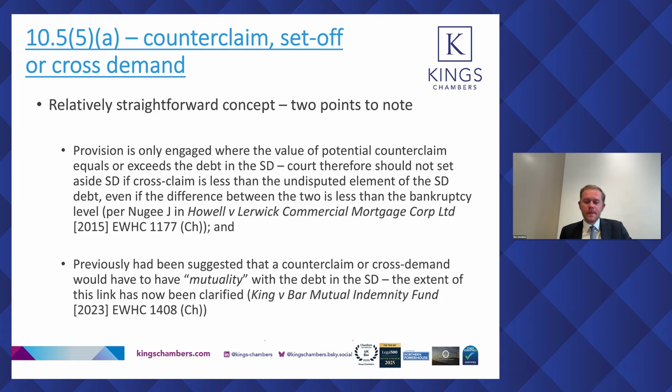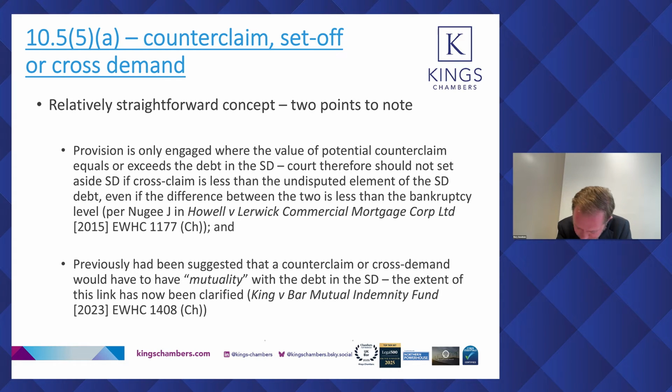A couple of years ago, in that decision of King that I've noted there on the slide, there was a bit of clarity provided here, noting that this can mean a variety of things, and that equally the connection required for a counterclaim, set off or cross demand was different in each instance. It's worth looking into that case if you do have a situation where this arises.